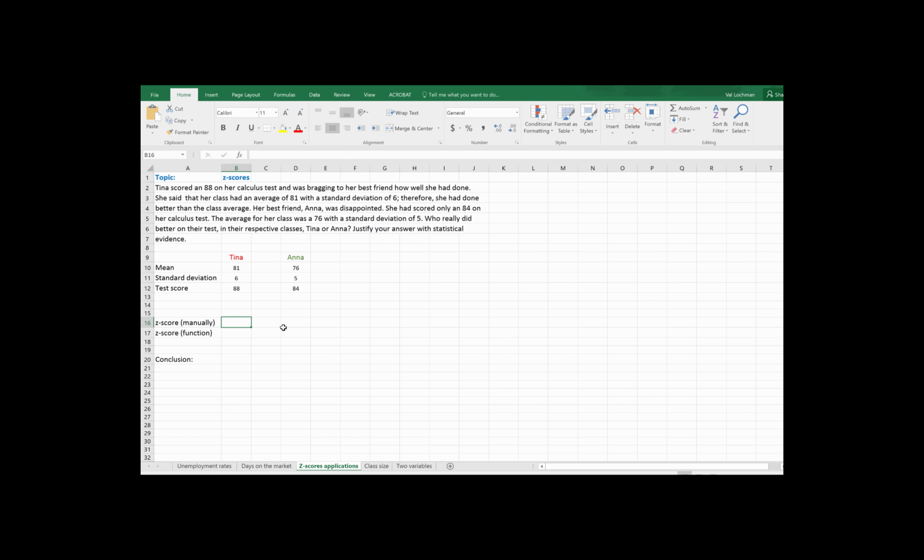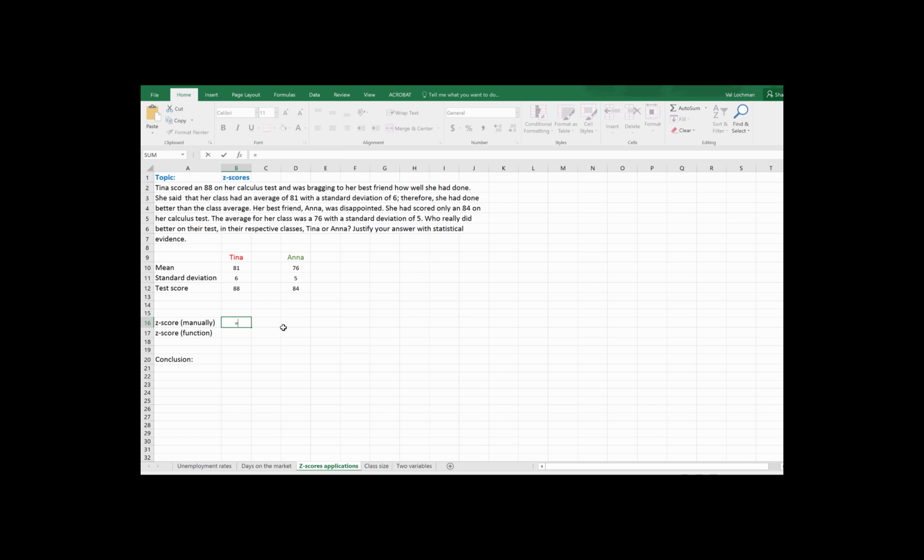Okay, so how do we compute z-scores? Remember what a z-score is. A z-score is how many standard deviations your score is away from the mean.